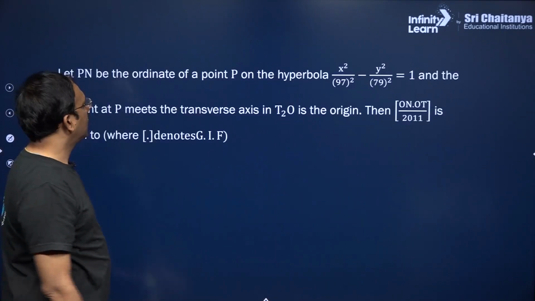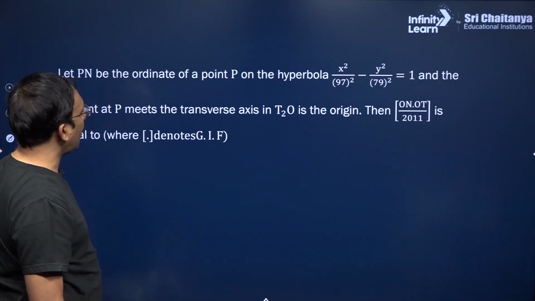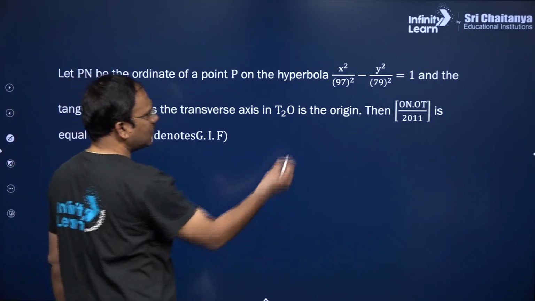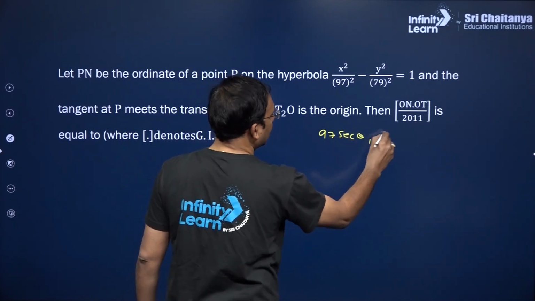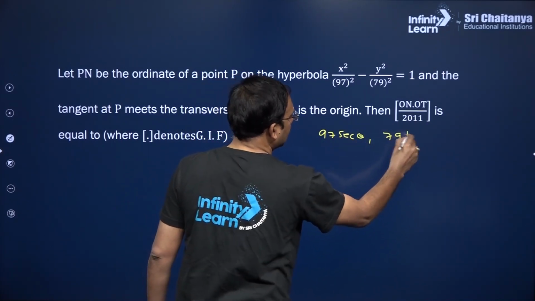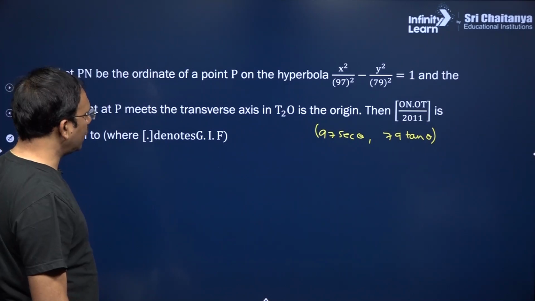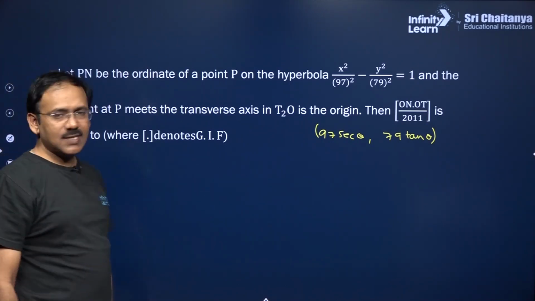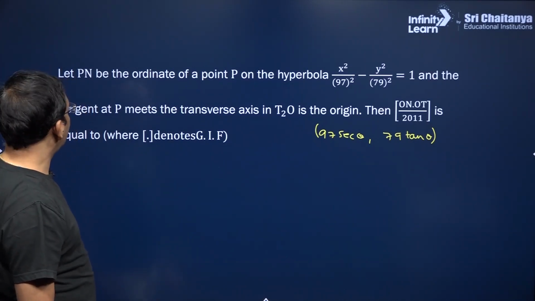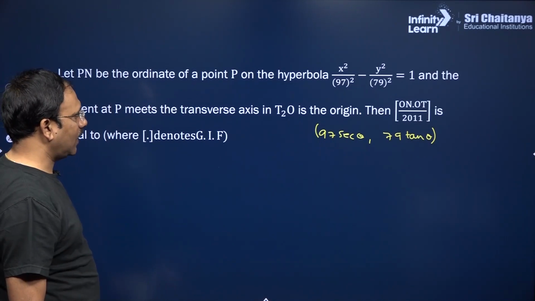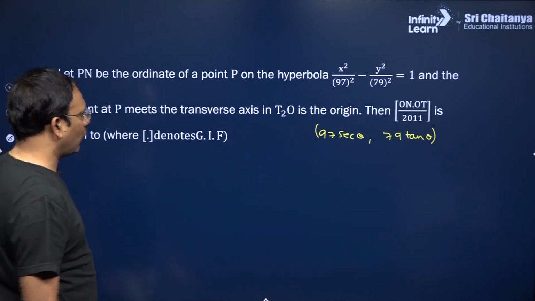Okay, simple. Next, you see, coming to numerical answer type questions, let Pn be the ordinate of the point P on the hyperbola. You can just select one point like a secant theta comma b tan theta. This is the general point on it. So we can say, my dear friends, here let Pn be the ordinate of the point P on the hyperbola, and the tangent at P meets the transverse axis in T and O is the origin.